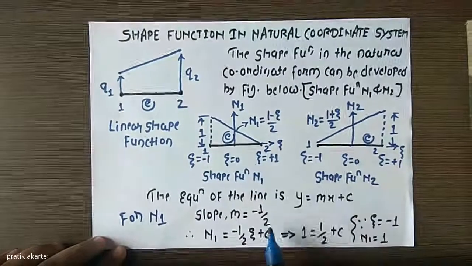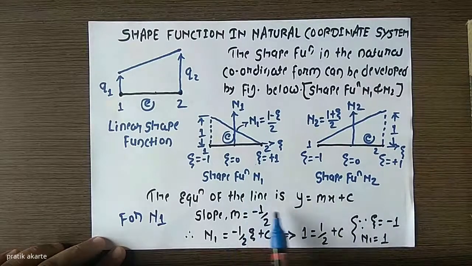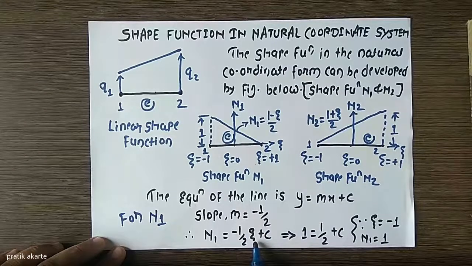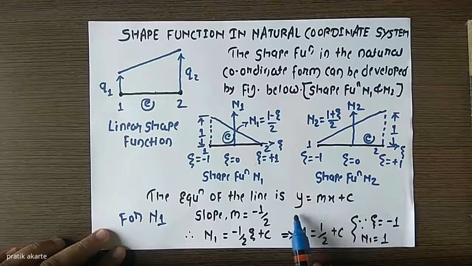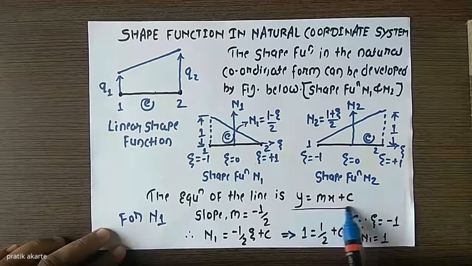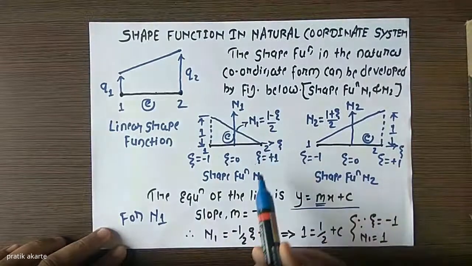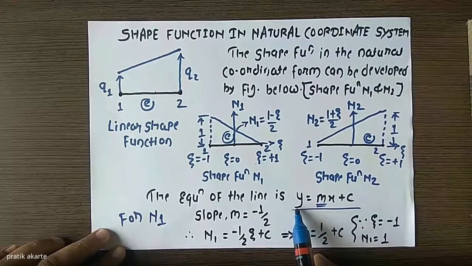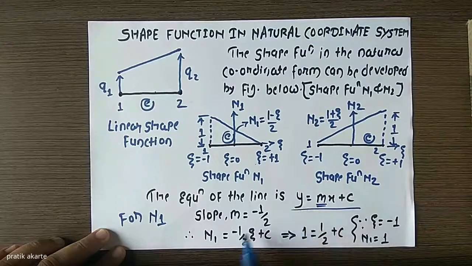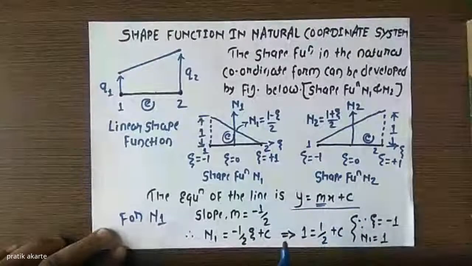We put this slope into the equation of the line: N1 = minus 1 by 2 zeta + c. Remember, y = mx + c, m is your slope. So for N1, we are writing it in the form of y, N1 = minus 1 by 2 zeta + c, in the natural coordinate system.